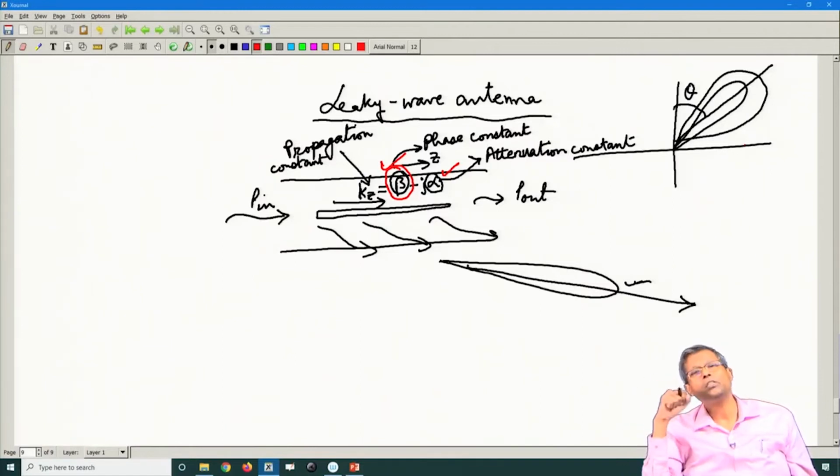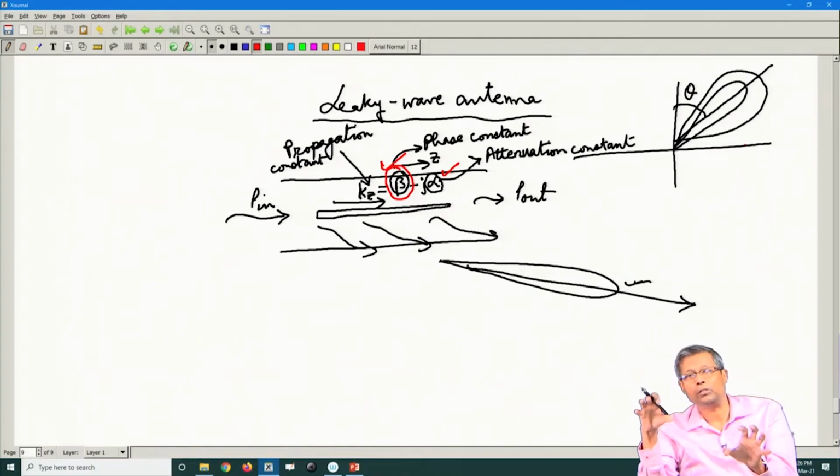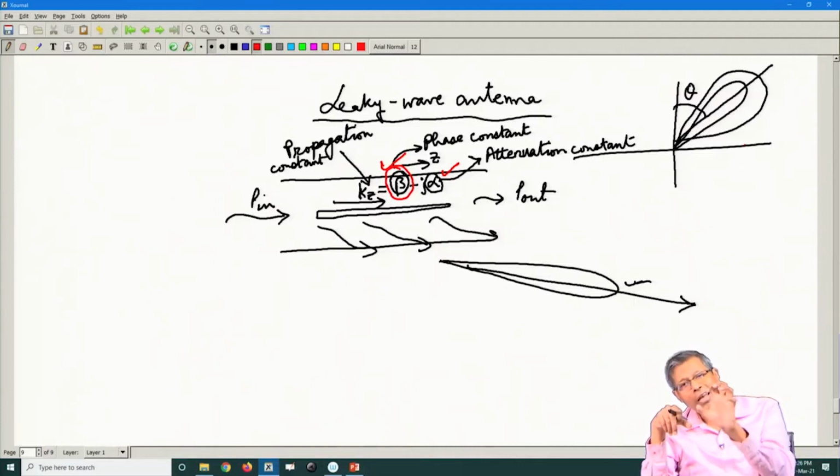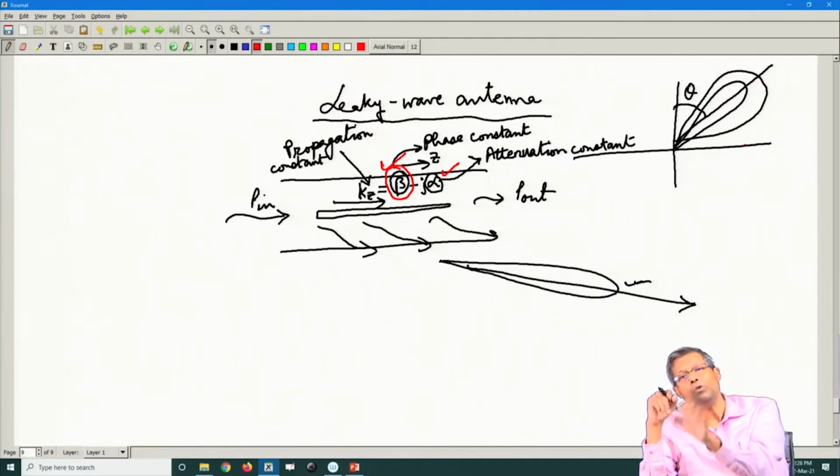One step towards achieving my goal is, if I can identify network parameters, if I can express the leaky wave antenna by means of an equivalent circuit, and from the equivalent circuit model, if I can isolate certain circuit elements which are responsible for the directivity and certain circuit elements which can be responsible for the direction of the beam, if it can be found.